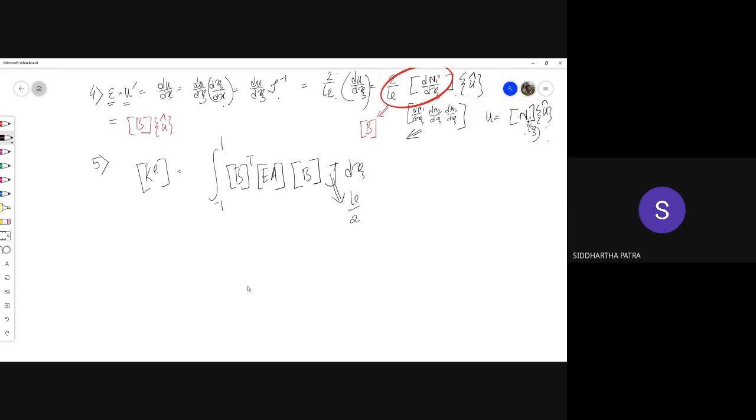Okay, to get the stiffness matrix, and the next step is to get the force vector due to the distributed load.